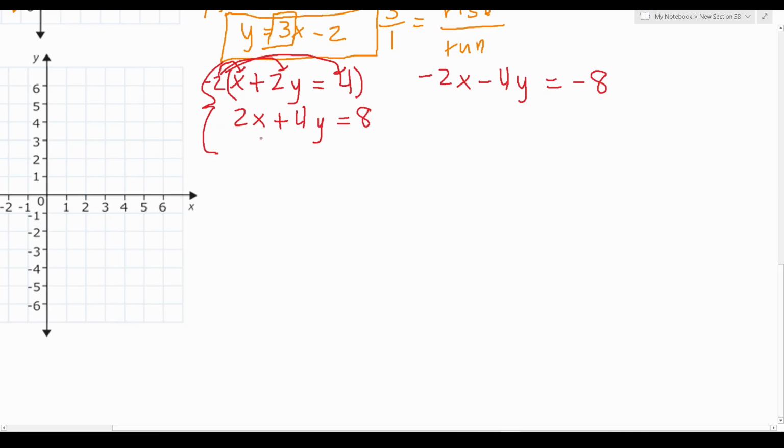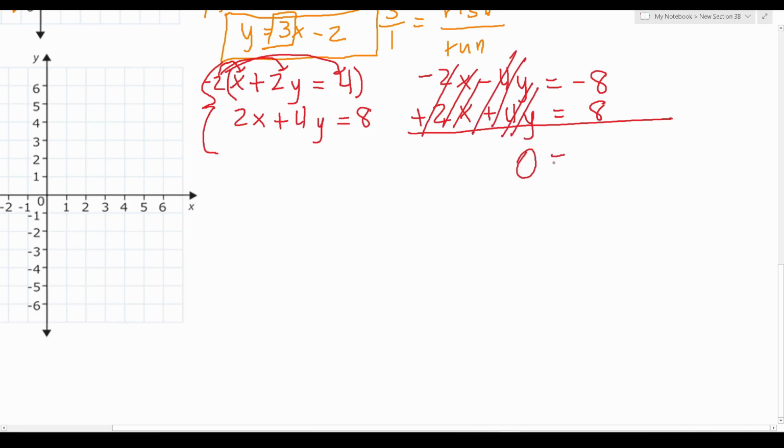Again, according to the elimination method, we're going to add this to the second equation now, which is 2x plus 4y equals 8. Let's add these together. -2x plus 2x is nothing, so that's eliminated. -4y plus 4y, well, that's nothing as well, so that's eliminated as well.